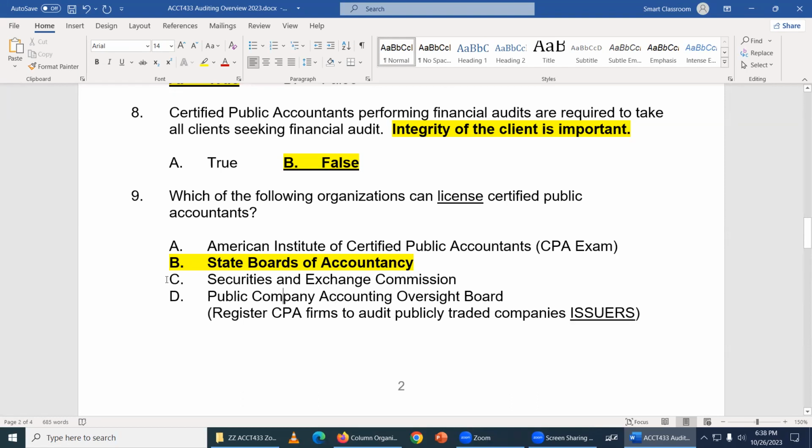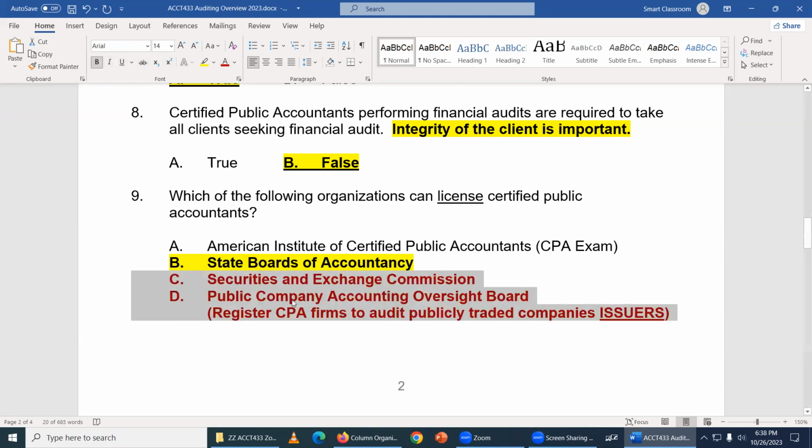If you're a publicly traded company, you have to follow their rules, and if you're a CPA firm, you have to register with them. Your license is not with them, but the registration is what lets you audit publicly traded companies.